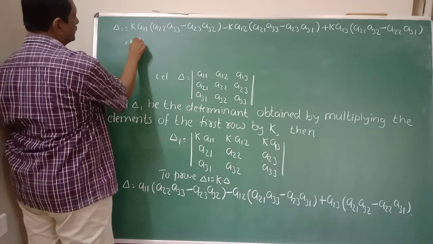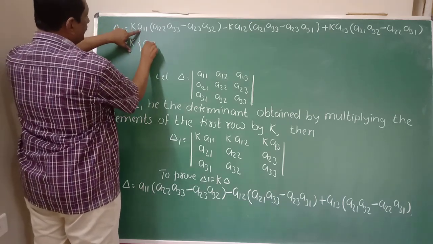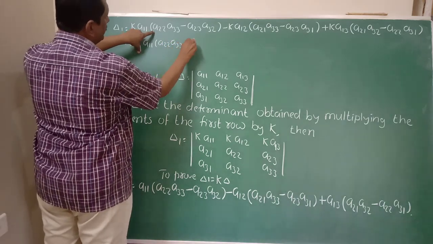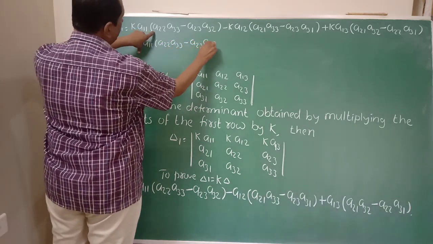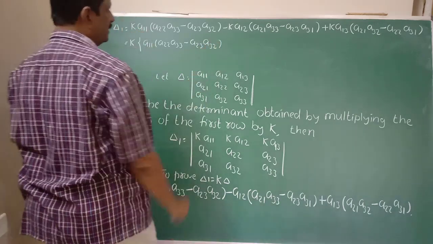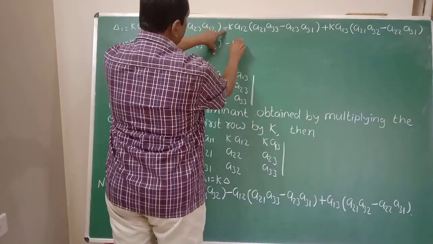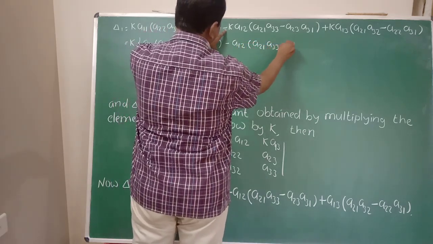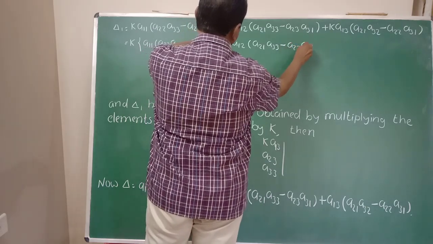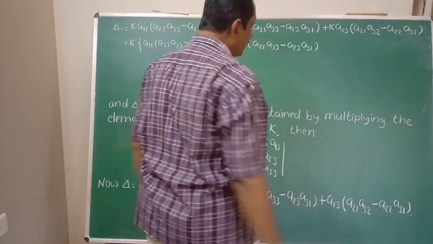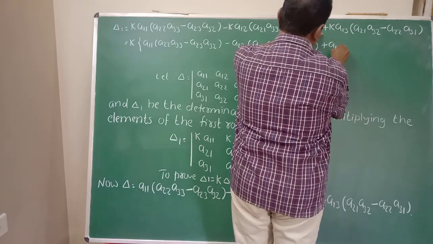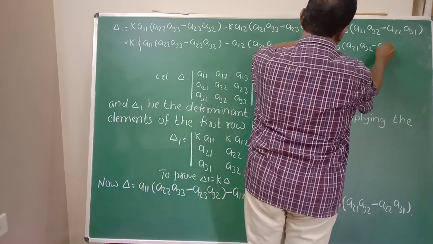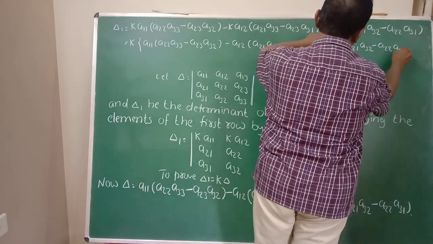So write k outside, then A11 (A22 A33 minus A23 A32), minus A12 (A21 A33 minus A23 A31), plus A13 (A21 A32 minus A22 A31).